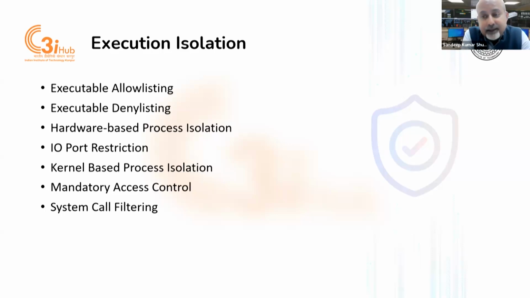No other unknown application can be run on that platform. Now, this is okay for users who are not doing coding and developing. For software developers, this will not work, because they always have to compile new executables, and they also have to execute them on the platform. So this will be different.